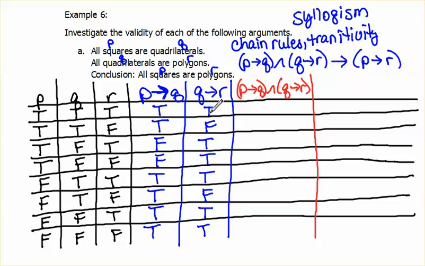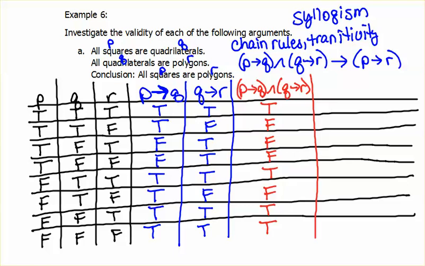I'm looking at these two columns, and remember, this is an and, so they both have to be true in order for the whole thing to be true. T and T is T. T and F is F. F and T is F. F and T is F. T and T is T. T and F is F. T and T is T. And T and T is T.